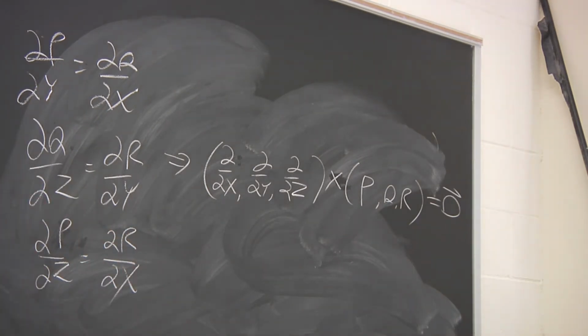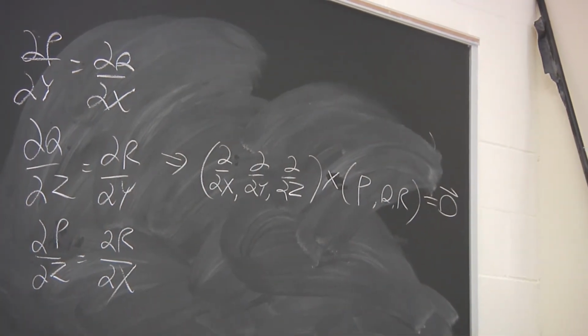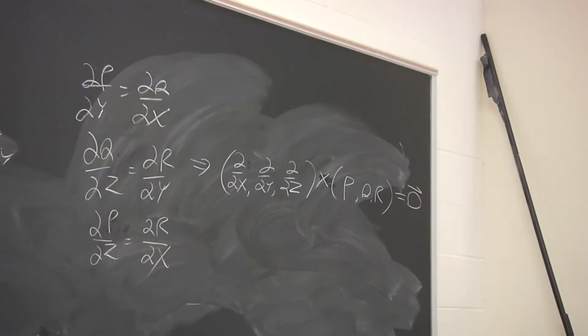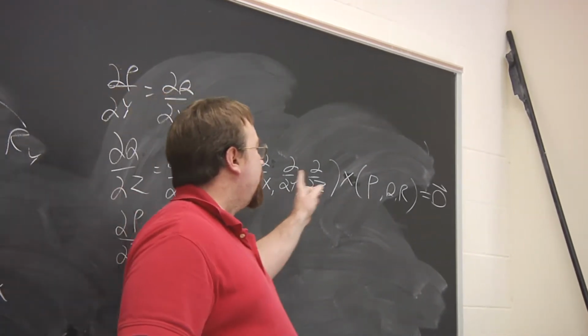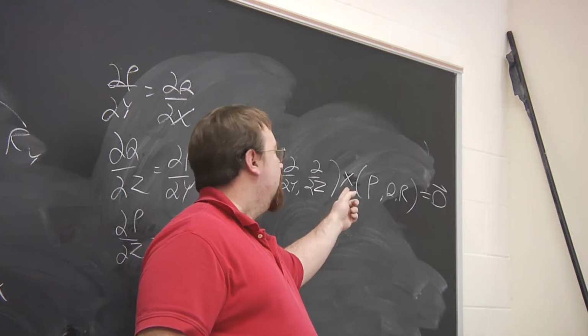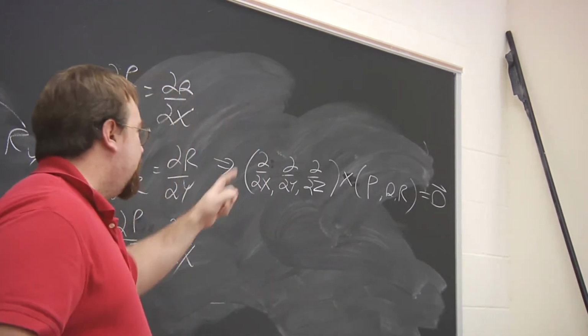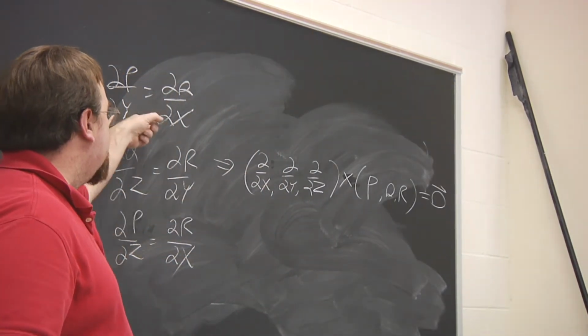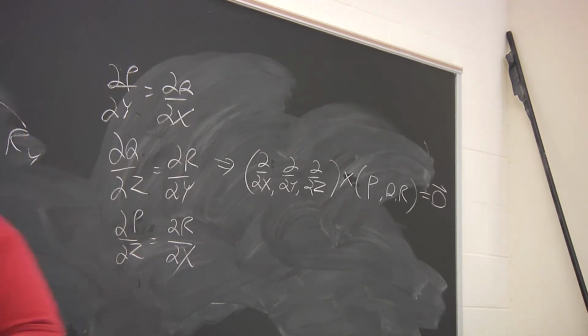Now it's a little odd to take a cross product involving a vector of differentiation operators, but if you were to compute this cross product in the usual way and set the result equal to 0, you get exactly these conditions.